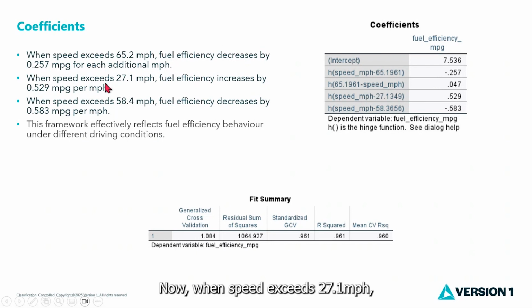Now, when speed exceeds 27.1 miles per hour, fuel efficiency increases by 0.529. We can see that here. When speed exceeds 58.4 miles per hour, fuel efficiency decreases by 0.583. So again, we can see that here. The model effectively reflects fuel efficiency behavior under different driving conditions.